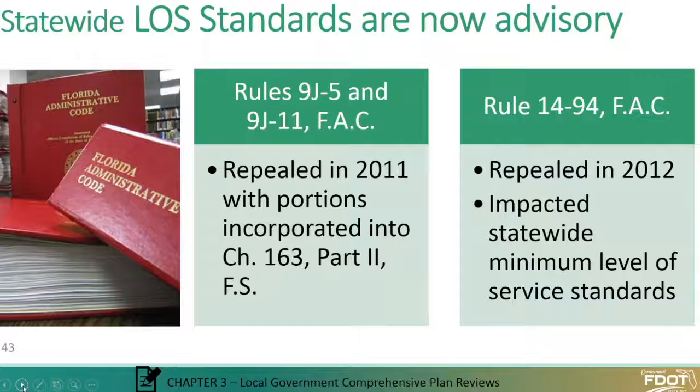The other point that I think is important is that under the intergovernmental coordination element requirements, locals are required to coordinate with the entity that maintains the facility when they're establishing the standards. So for state roads, that would be the state DOT, of course. So they're advisory. We would recommend those in reviews for state facilities, but there's flexibility for locals in working with the maintaining agency on developing those standards.